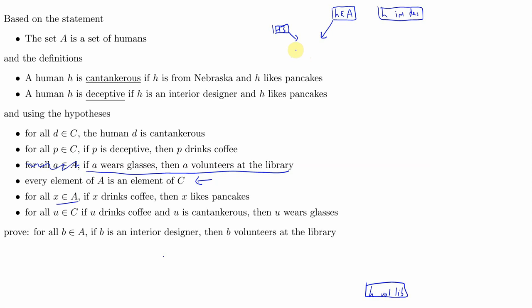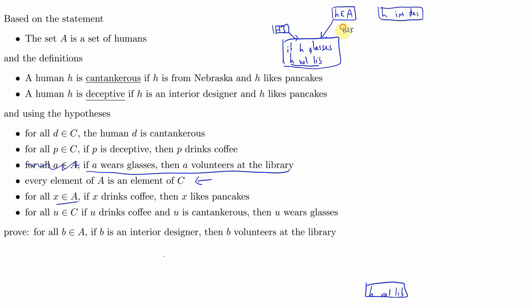So we would have: if H wears glasses, then H volunteers at the library. Now, this looks super good because the conclusion of this is H volunteers at the library. That looks like something we want at the very end, but who knows? We'll have to see. We can't use this yet because we don't have either the hypothesis of this implication or the negation of the conclusion.